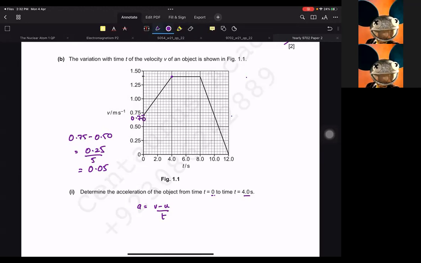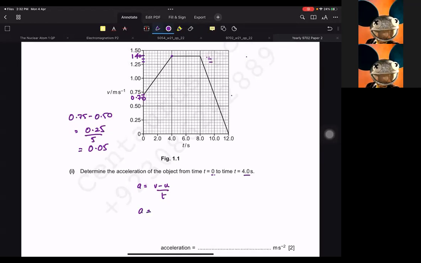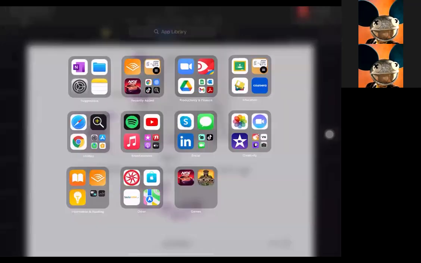And here it is going to be 1.30, 1.35, 1.40. So you can use this. So 1.40 minus 0.70 divided by the difference in time, from here to here. That's 4 seconds. So let me take out the calculator.